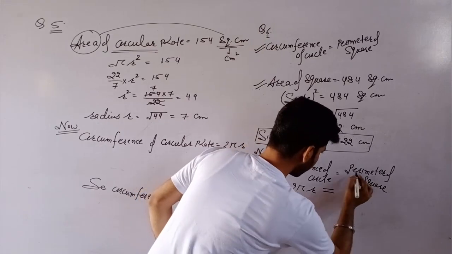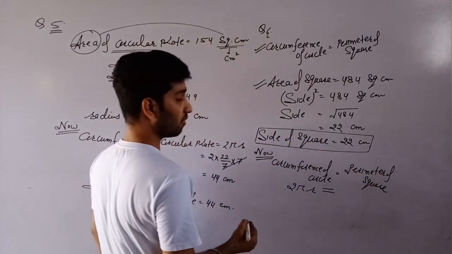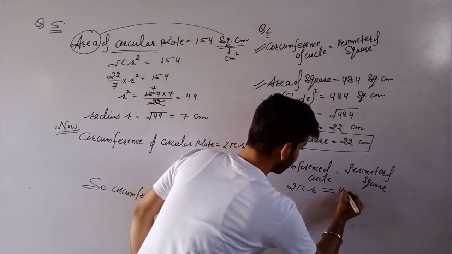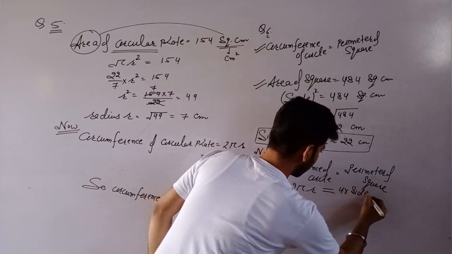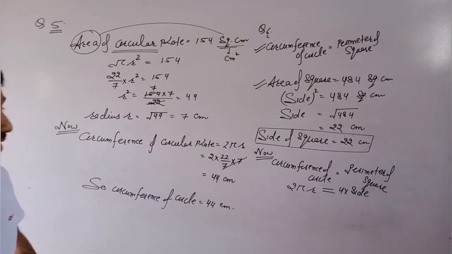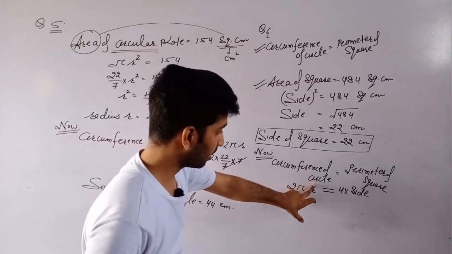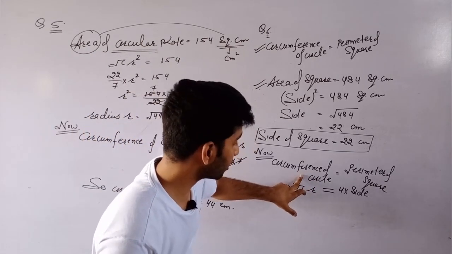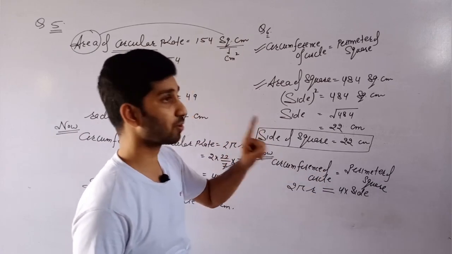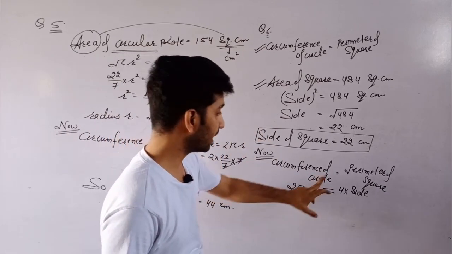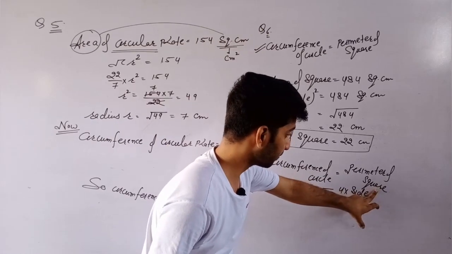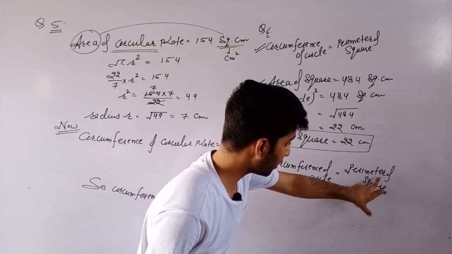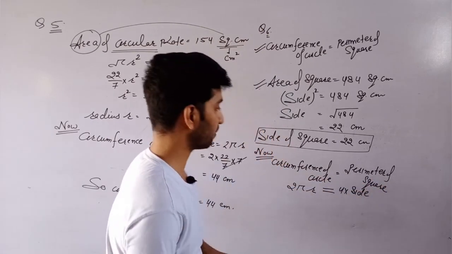Radius of circle is equal to the perimeter of square. We know that perimeter of a square is given by 4 multiplied by side. It is given that circumference of circle is the perimeter of square, and we know that perimeter of square is given by 4 multiplied by side.